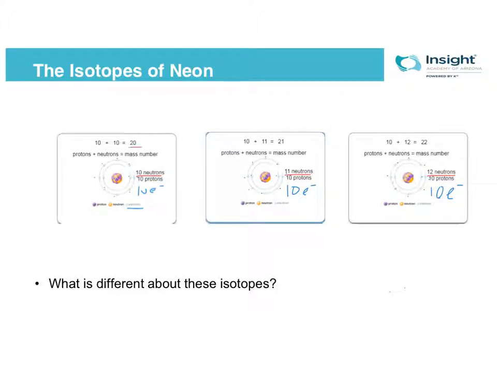Or maybe this. All right. So, big thing that is going on with an isotope is you have a different number of neutrons.